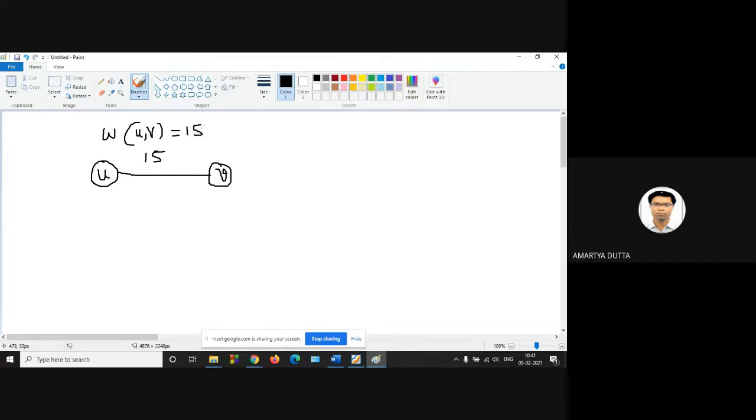This graph may be directed or undirected. If it is directed, then we can say that the cost or weight from node U to node V is 15. Let the transport fare from Howrah station to the airport through AC50 be rupees 50.